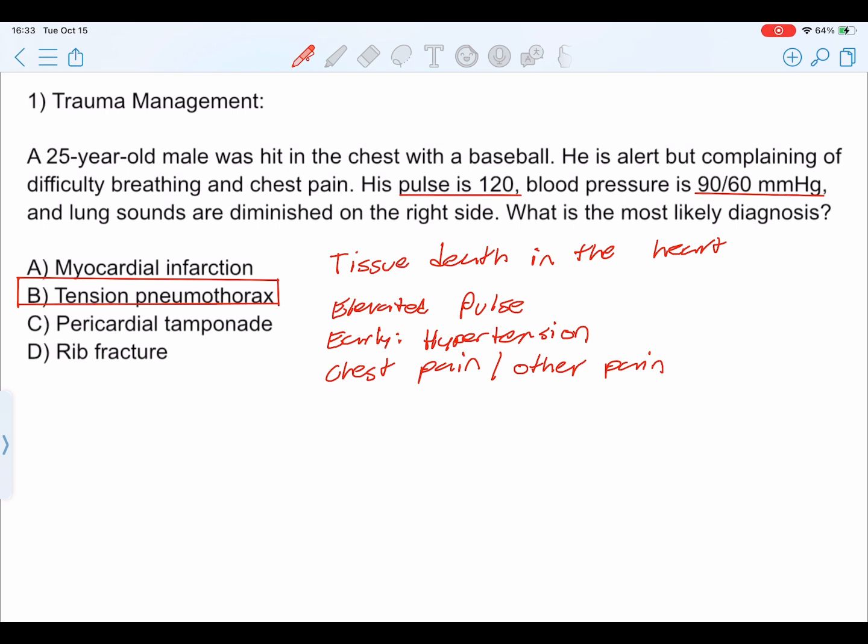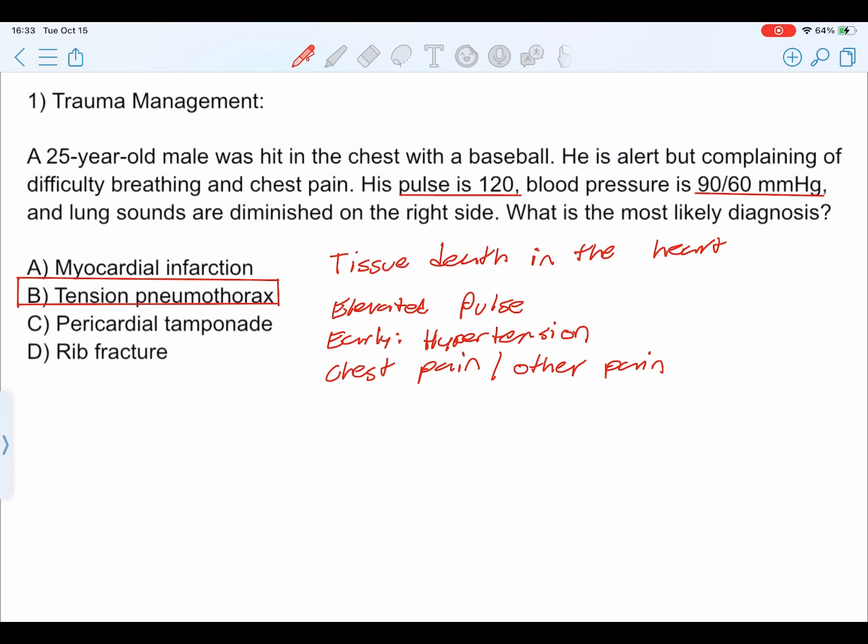If you see any question on the NREMT that says pain radiating to the left arm, it's an MI. And if you see that in the field too, they're probably experiencing an MI. Very common signs of MI.